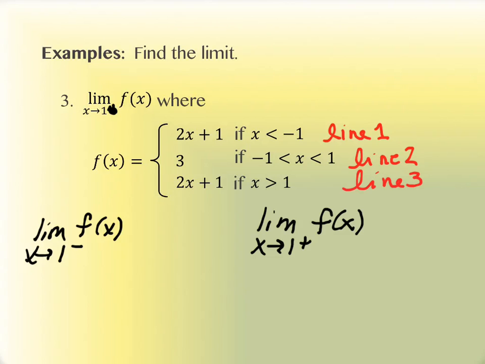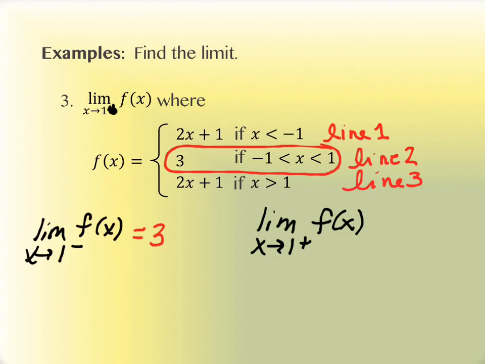And if I'm really close, I'm on line 2. Right in here, I have values that are close to x equal 1, but slightly smaller. So this says that my function value there is the number 3. That's the y value, it's the constant. It's the basic limit number 1 that we just did a minute ago.